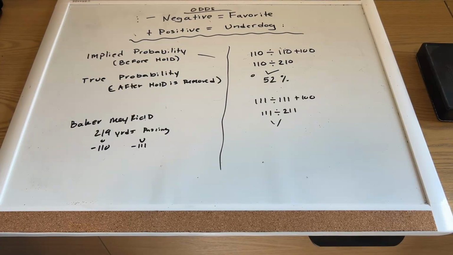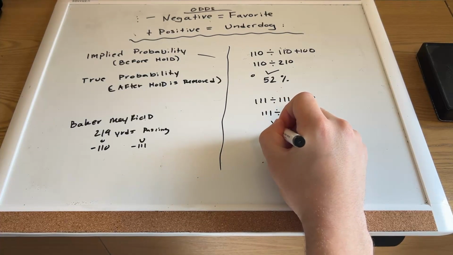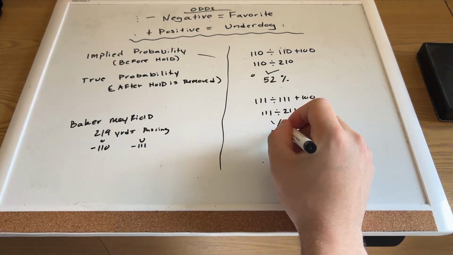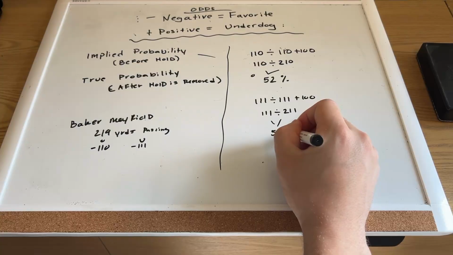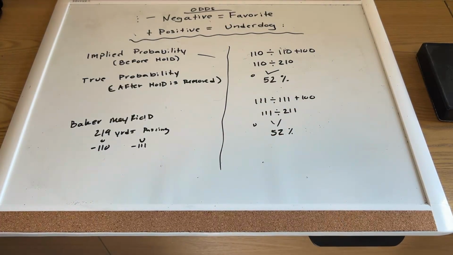Calculate that. 111 divided by 211, we got 52%, roughly. It will be a little bit closer to 53, but we're not going to round up in this scenario. So 52 and 52, right?